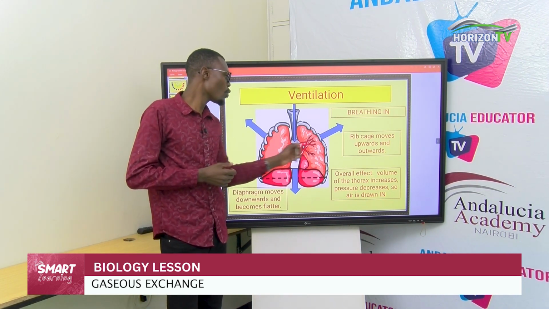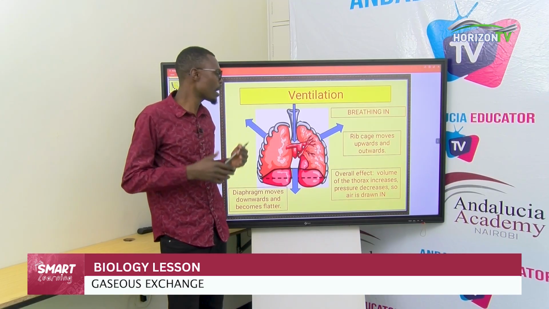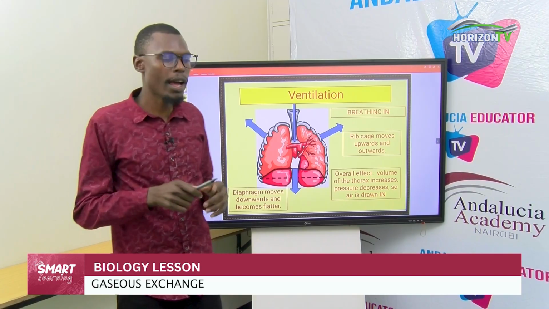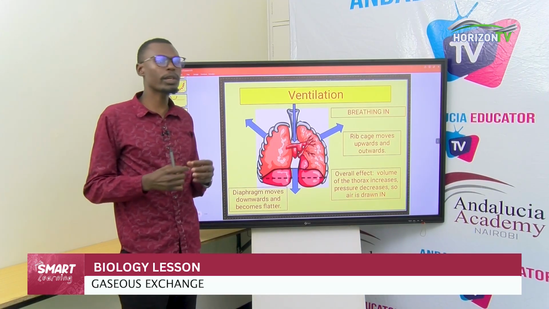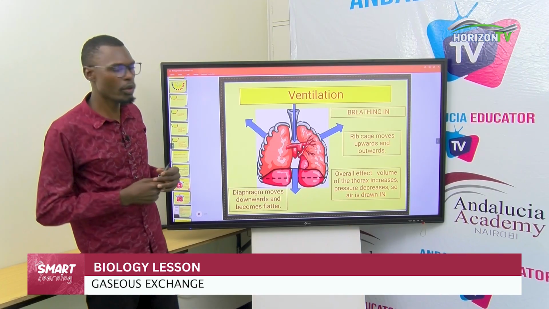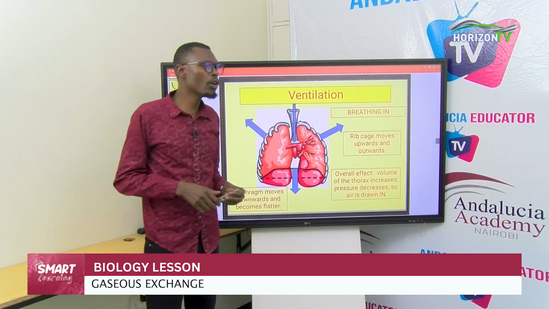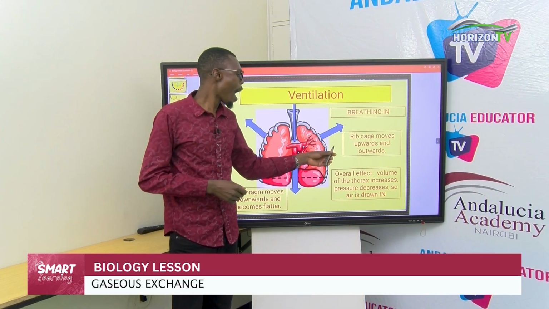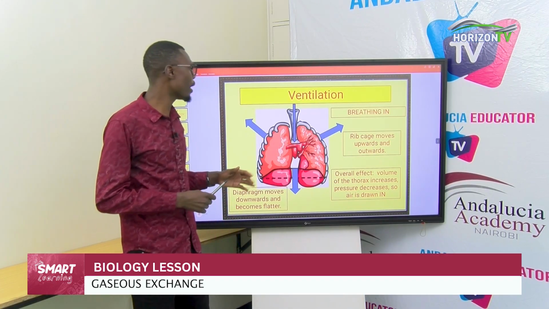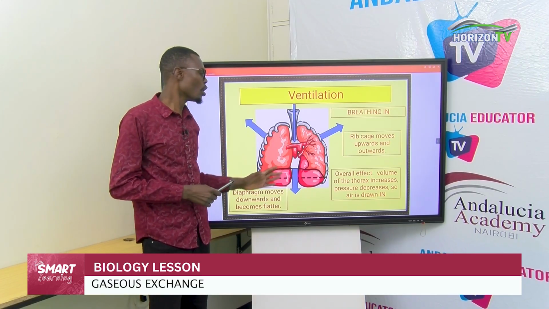So the ribs will move upwards and outwards. Between the ribs, I also indicated we have what we call intercostal muscles. So those muscles will also have to move because they are the ones which bring about the ventilation process.